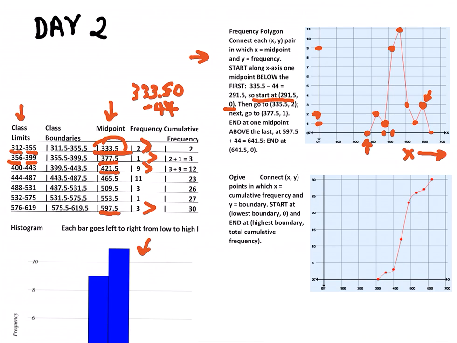In order to close it off, we take $597.50, our last midpoint, and we actually add 44 to it. If you take $597.50 and you add 44 to it, you will get $641.50.